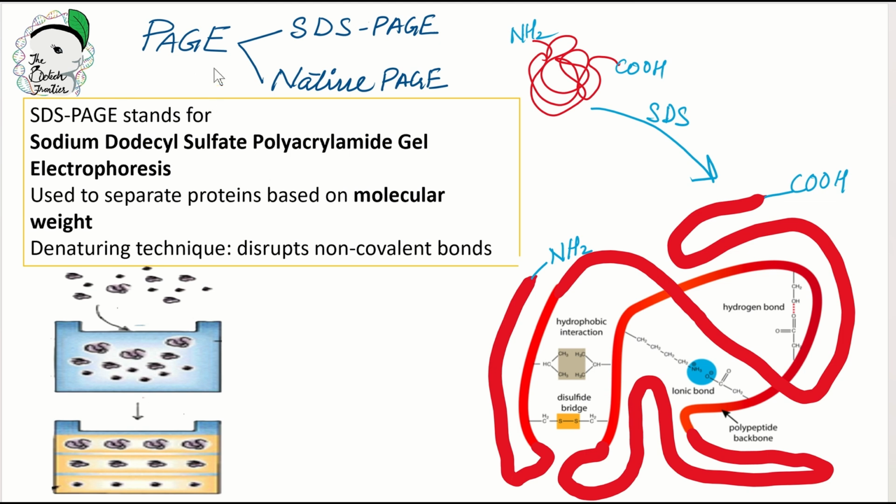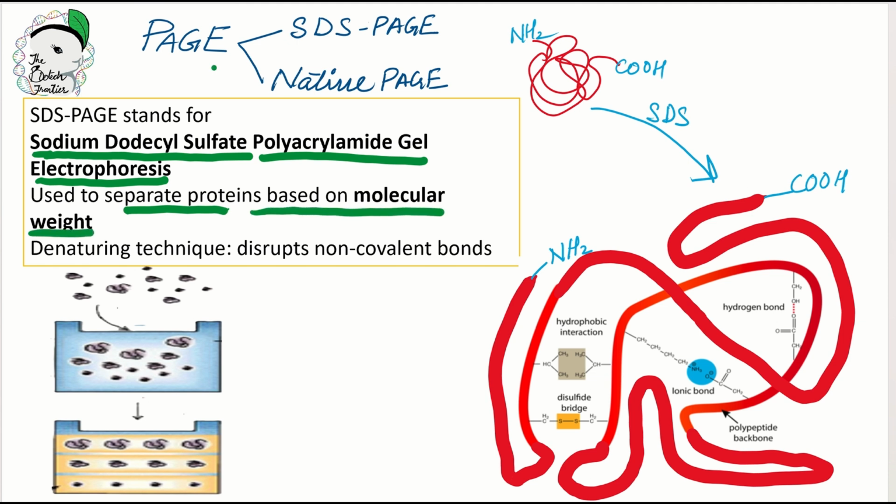SDS PAGE stands for sodium dodecyl sulfate polyacrylamide gel electrophoresis. This is an electrophoresis technique to separate proteins on the basis of their molecular weight. Let's suppose these are proteins of different molecular weight, and we want to separate them on the basis of their molecular weight.